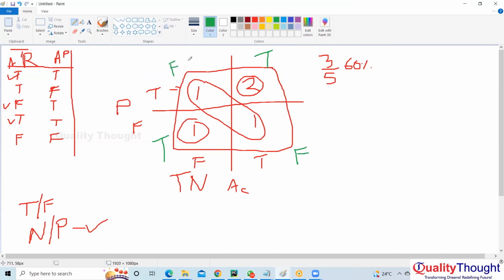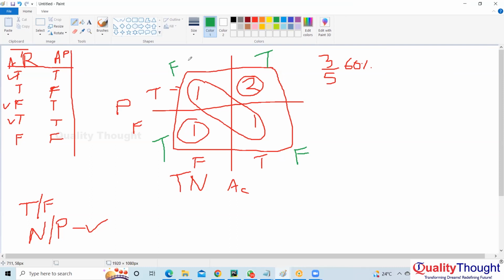Whenever you hear false, whether false positive or false negative, different things, but false means you predicted wrong. It means error. True positive or true negative means you got it right.